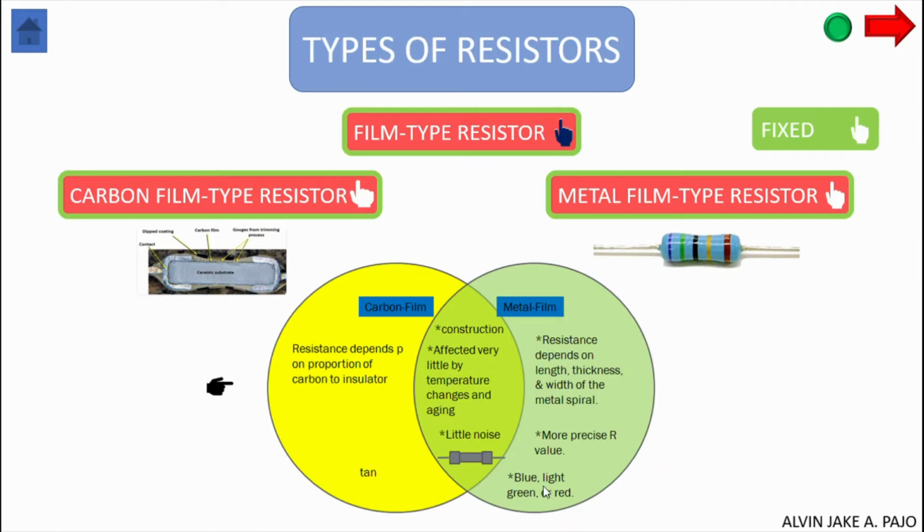The outer coating of the carbon film is tan in color, while metal film is coated with blue, light green, or red epoxy. But the two types are constructed in similar manner. Temperature has little effect on resistance, they both produce little noise, and their shapes are the same. In terms of precision, metal films are better.